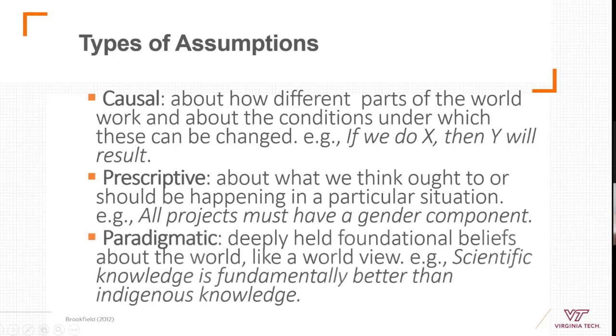And then the third type, which are definitely the hardest to identify and to work with and to change, are paradigmatic or foundational assumptions. These are really deeply held networks of beliefs that have very much to do with someone's worldview, how they see the world in general. The example I use here is that scientific knowledge is fundamentally better than indigenous knowledge.